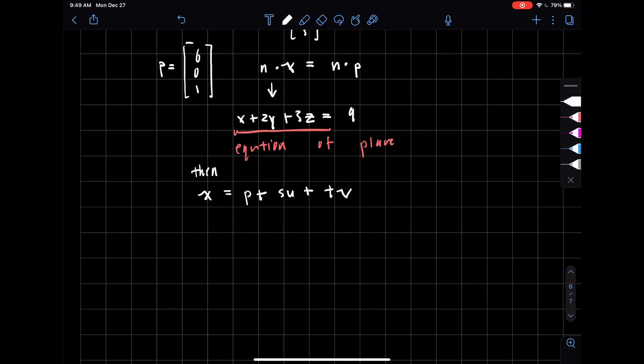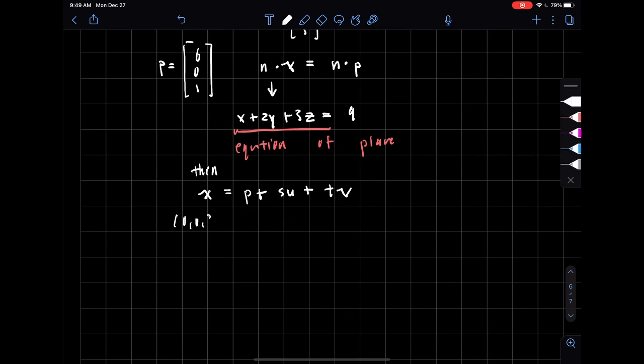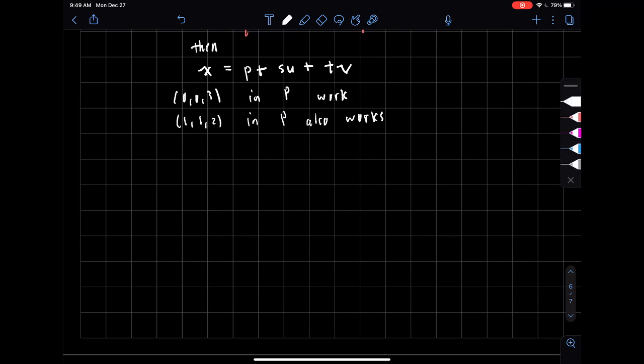Even though the numbers I gave, (0, 0, 3) and (1, 1, 2), both work, we're going to stick to the textbook: (6, 0, 1), which is the point as given above, plus s times (-6, 0, 2), plus t times (-5, 1, 1). Sorry, I'm taking a while to write these down.